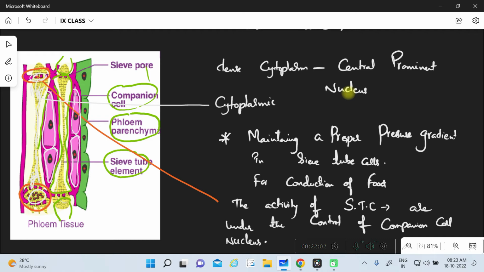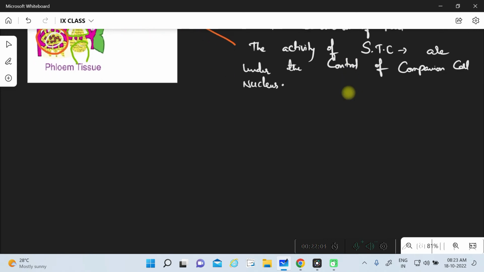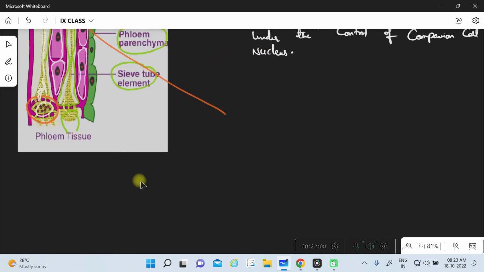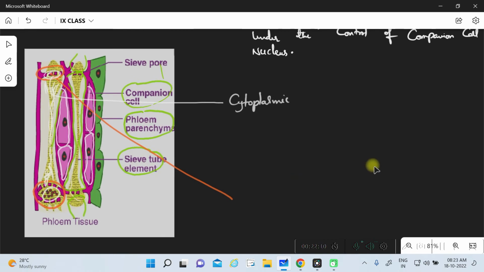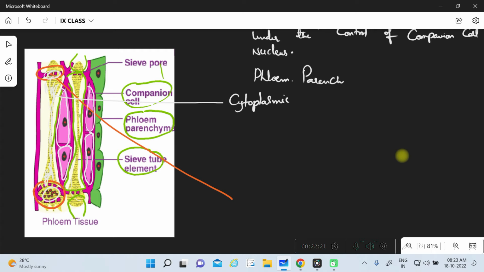Now let us move to the third component of the phloem tissue, that is phloem parenchyma. The phloem parenchyma is also called bast parenchyma.